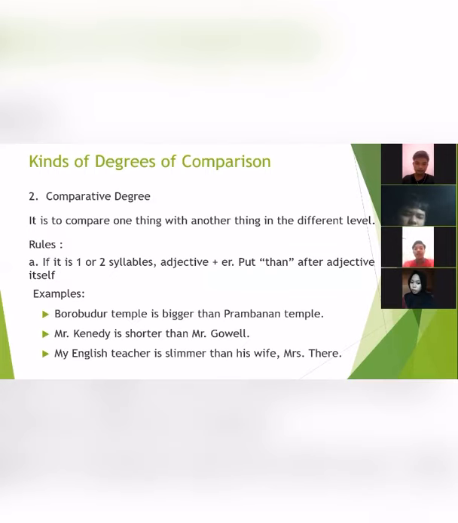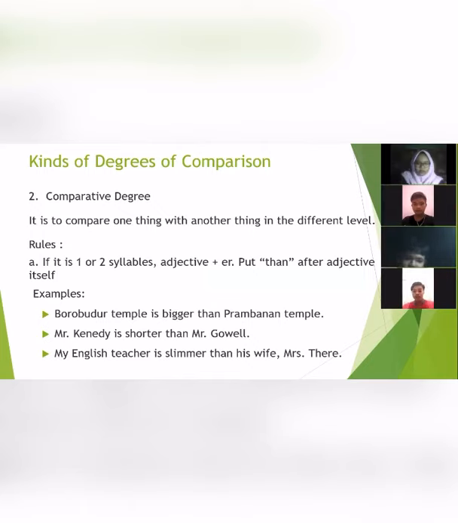Number 2, comparative degree. It is used to compare one thing with another thing at a different level.